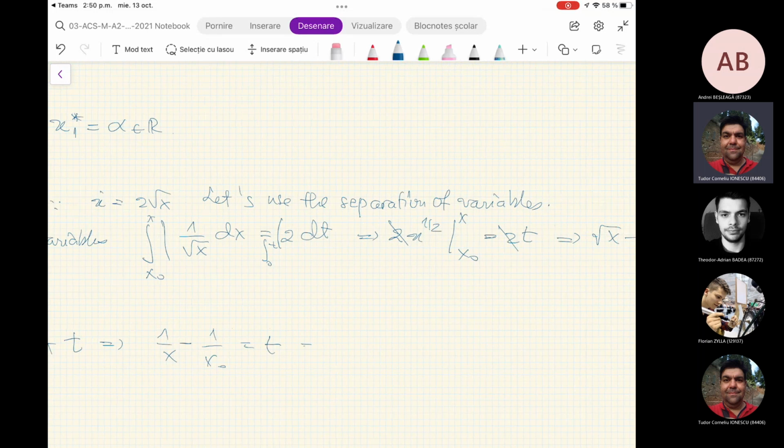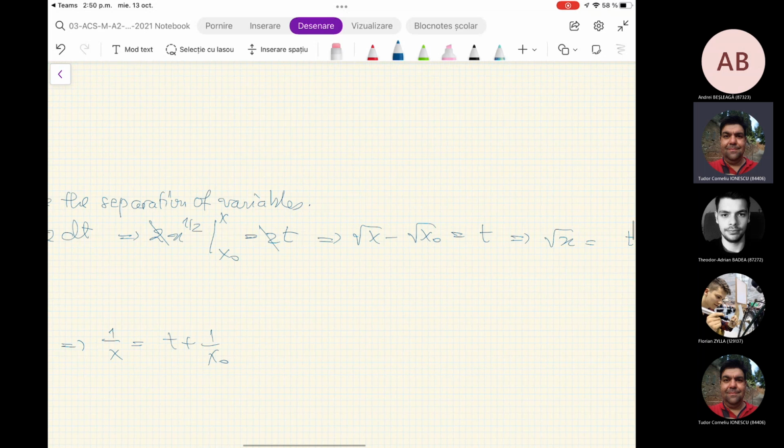So that means that 1 over x is t plus 1 over x naught. Then this means that x is 1 over t plus 1 over x naught. True?